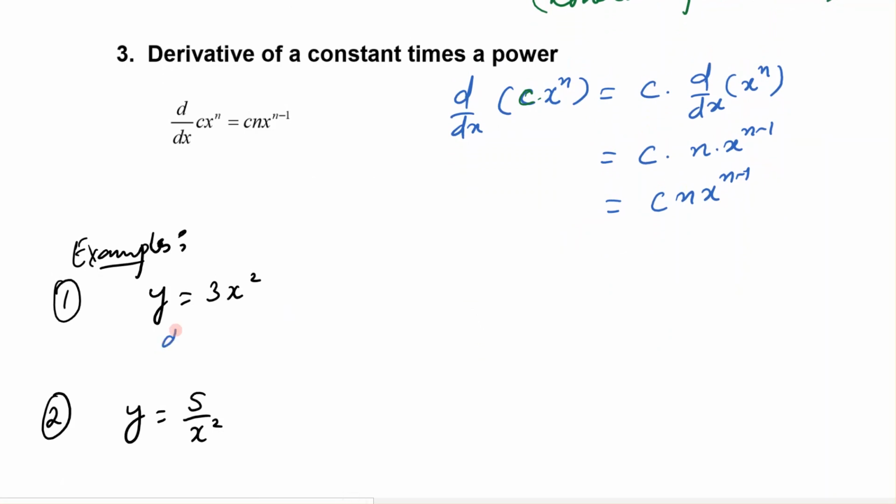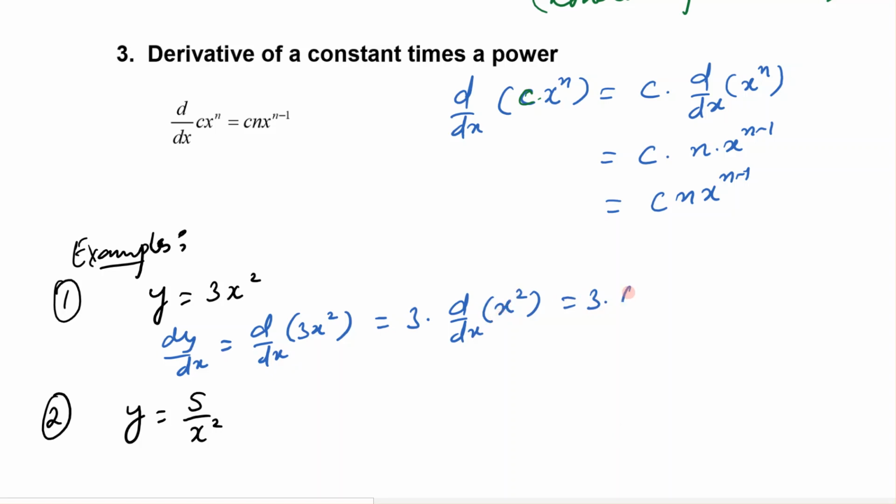Taking the derivative on both sides, 3 is a constant factor here, so we can bring 3 out and take the derivative of x squared. To find the derivative of x squared, we use our power rule: bring the power down and decrease the power by 1. In this case, we get 6x.